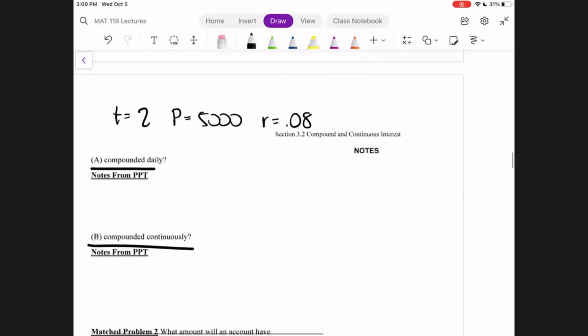So let's look at what would be for daily. So that would be A would equal 5,000. And then 1 plus, remember your rate goes on top, over how many compoundings would that be daily? That's 365, raised to the 365 times how many years? 2.